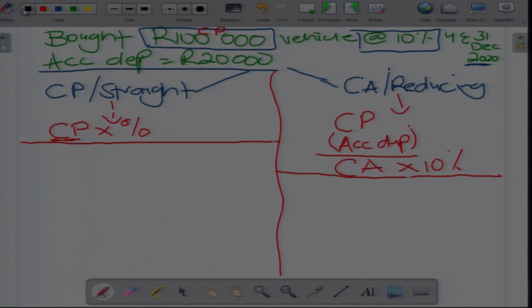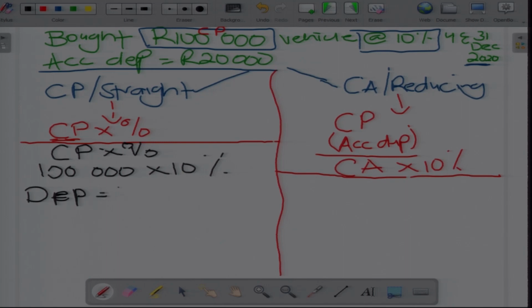Using the straight line, we say cost price times the percentage. So, we're going to say cost price multiply by the percentage. What's our cost price? 100,000 multiply by 10%. So, our depreciation will equal to 10,000. The next year, you do exactly the same calculation.